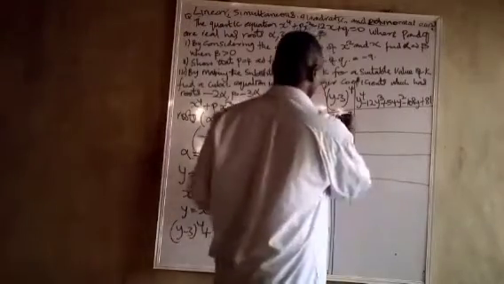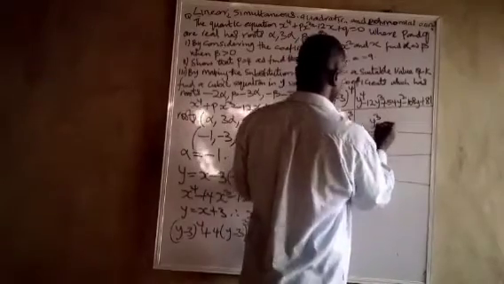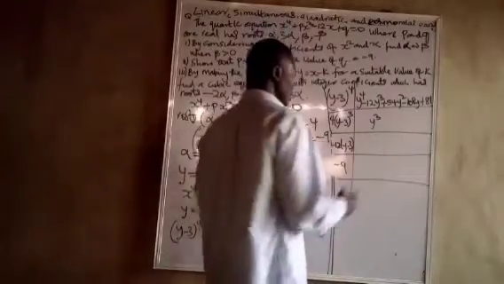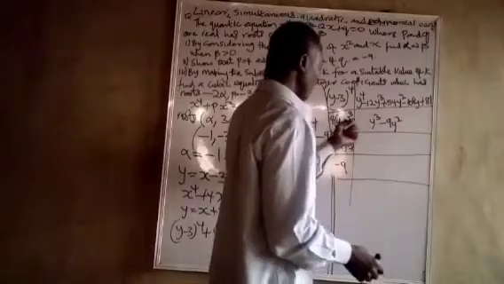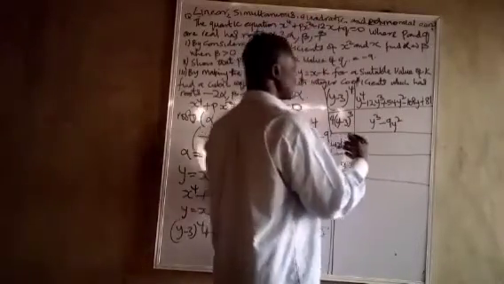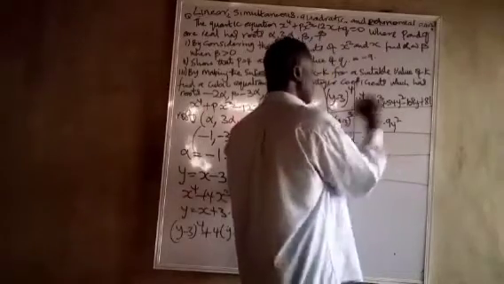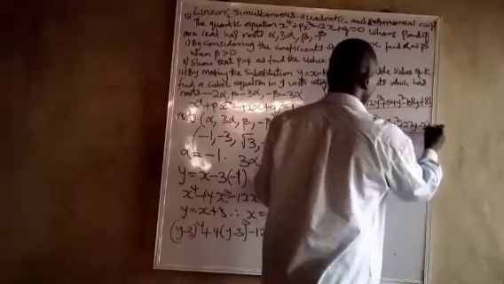Now, let me first of all expand (y minus 3) cubed before I multiply by 4. So I'm going to have y cubed, plus 3y squared times minus 3, that is minus 9y squared, and then plus 3 times y times minus 3 squared, that is plus 27y, minus 27.